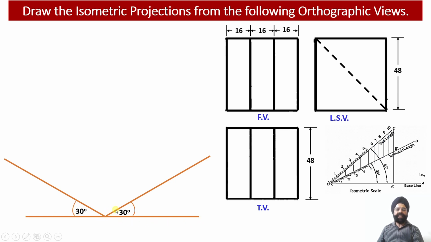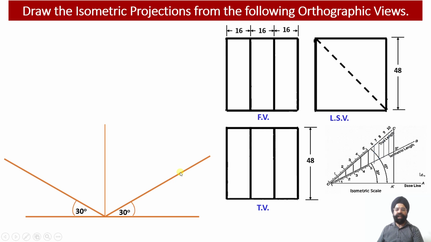Similarly, the isometric z-axis will be constructed at an angle of 30 degrees with respect to this ground onto the right hand side direction, and the height of the solid will be constructed along this y-axis, which happens to be perpendicular to the ground. So the isometric x-axis, y-axis and the z-axis have been drawn.